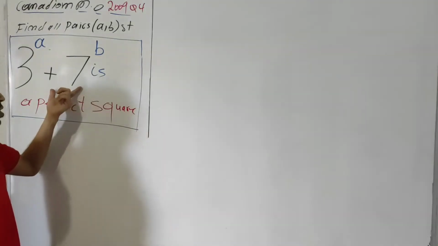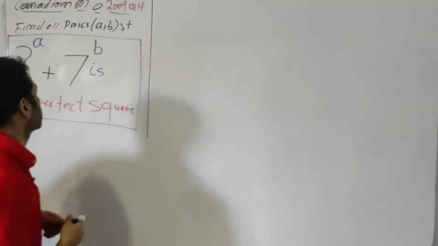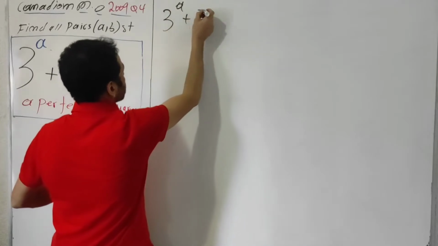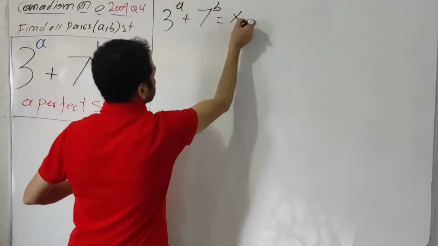In order to have this term as a perfect square, we must write 3 to the A plus 7 to the B equals x squared.